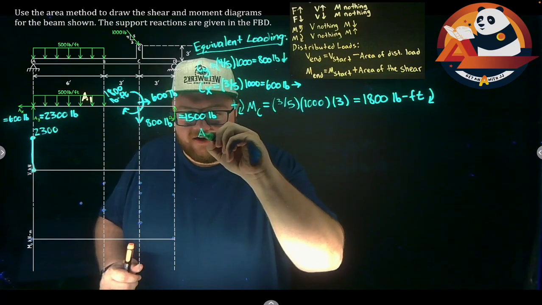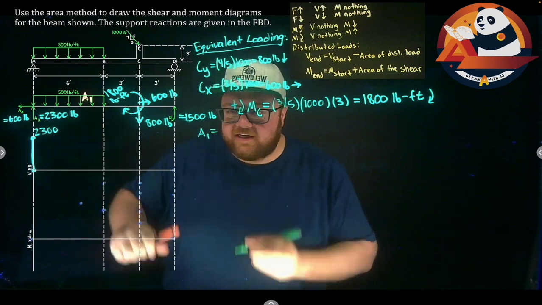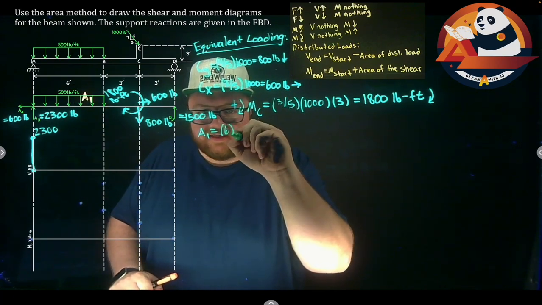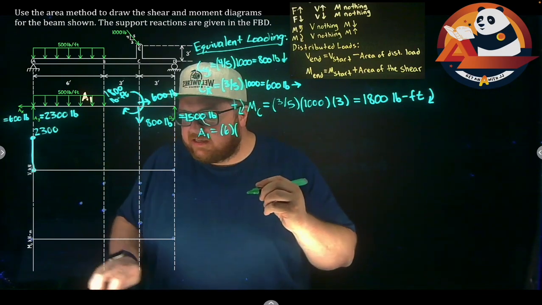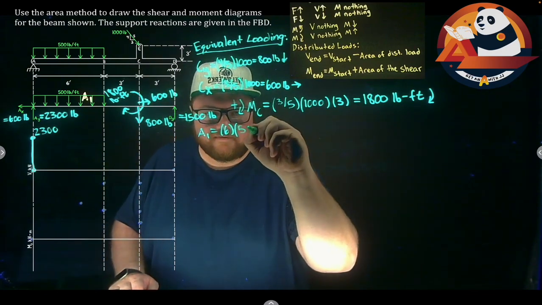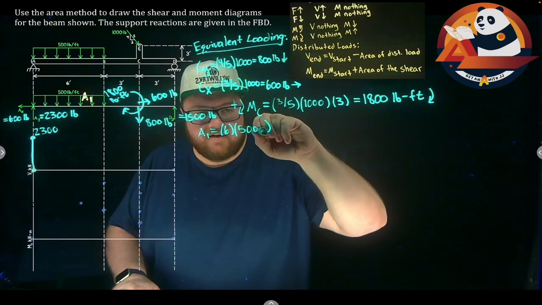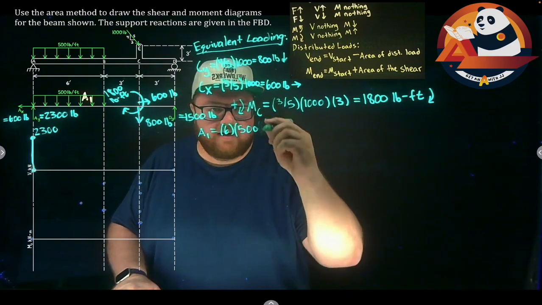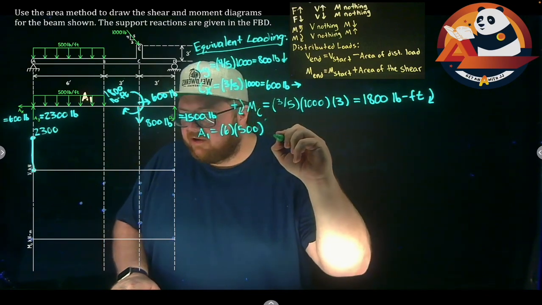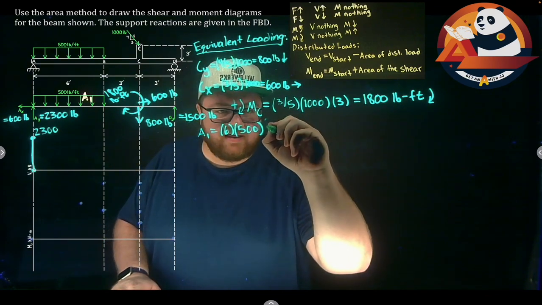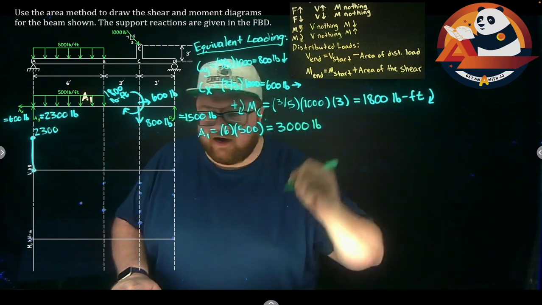The area of a rectangle is base times height. The base of this is 6 feet, and the height is 500 pounds per foot. So 6 times 500, that's 3,000, not 500. 6 times 500 is going to get us 3,000 pounds.